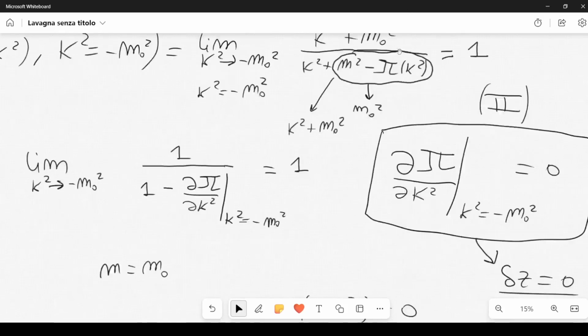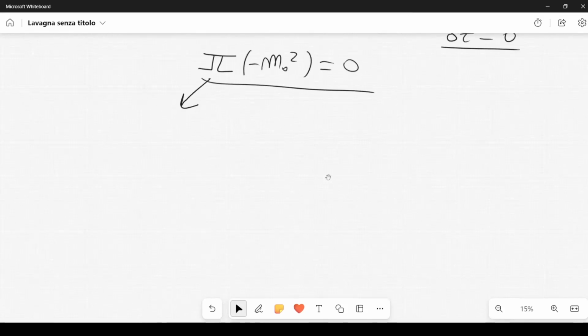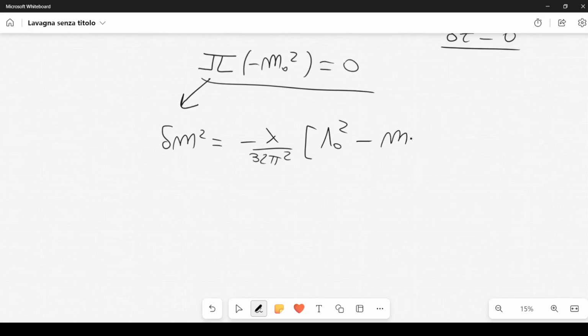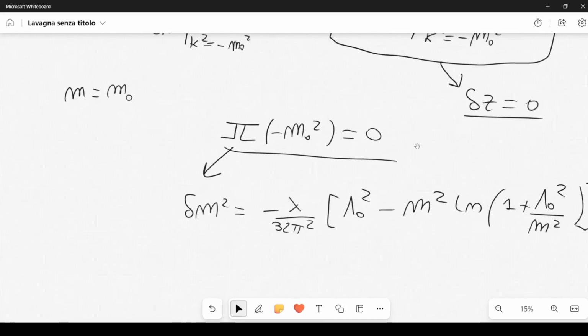And therefore we get an equation that will allow us to find delta m squared. So delta m squared will be minus lambda divided by 32 pi squared, lambda 0 squared minus m0 squared, or just m squared, natural log of 1 plus lambda 0 squared divided by m squared. And this is the equation for delta m squared.